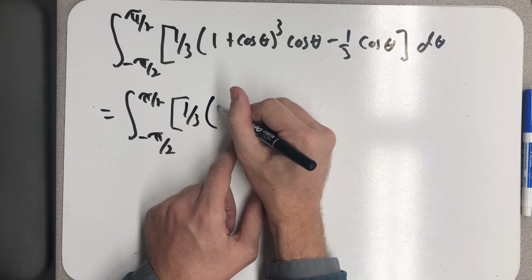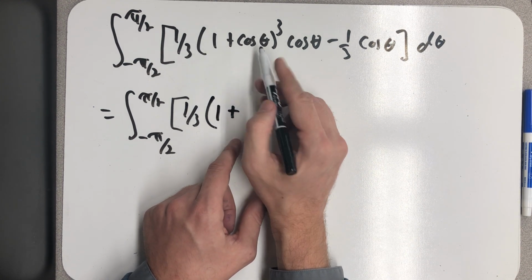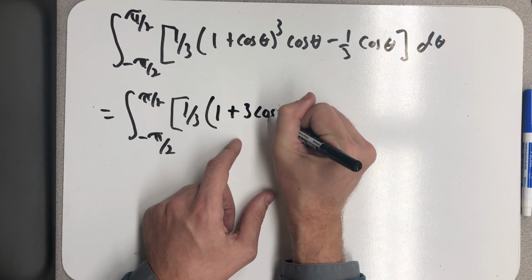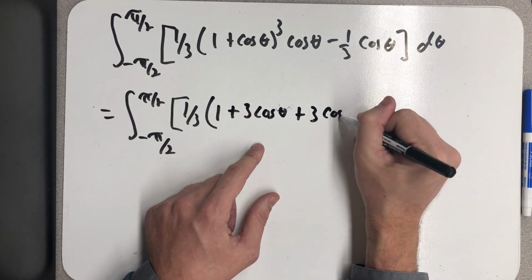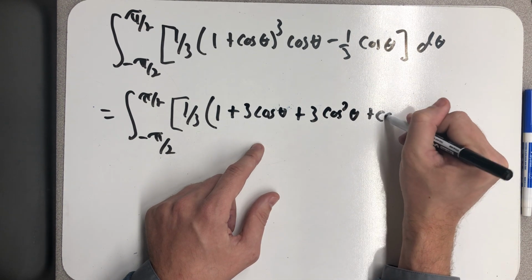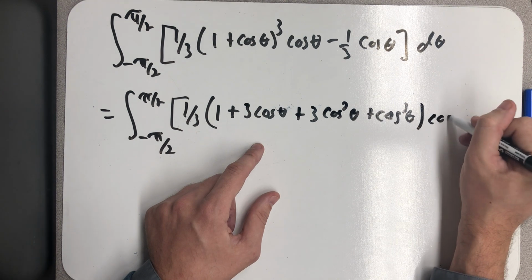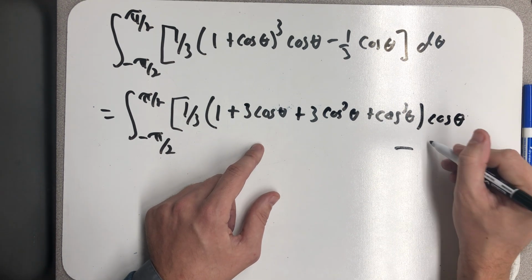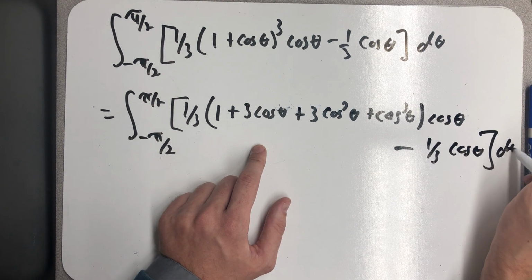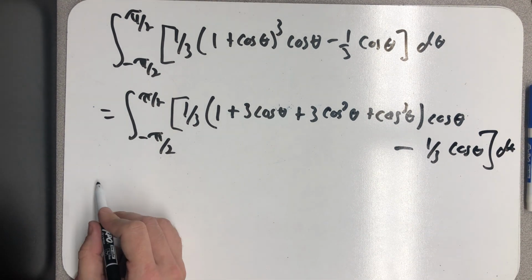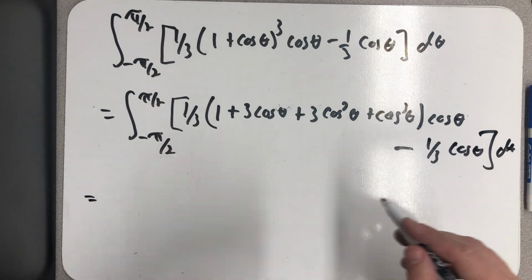So I'll have a 1 cubed plus 3 times 1 squared cosine, so 3 cosine theta, plus 3 times 1 times cosine squared theta, plus cosine cubed. And all that still times cosine theta, and I still have a minus 1/3 cosine theta hanging out here, all d theta.